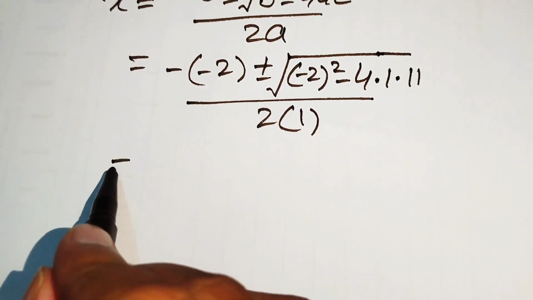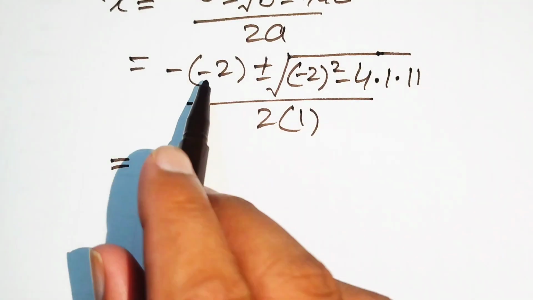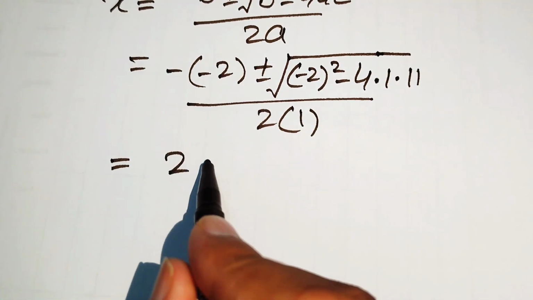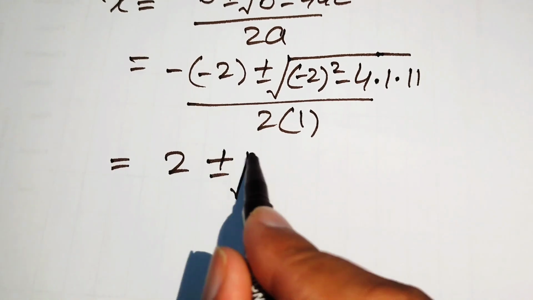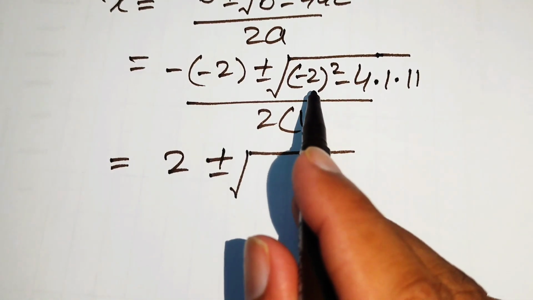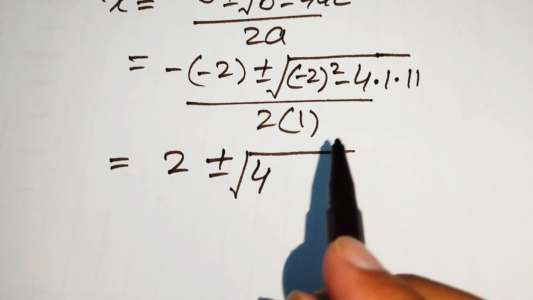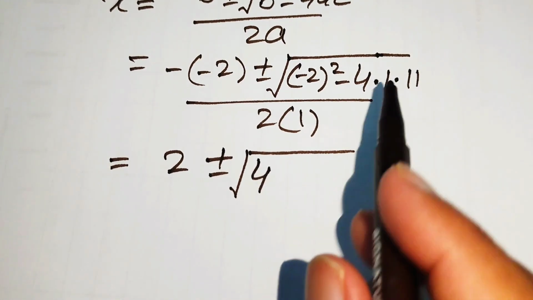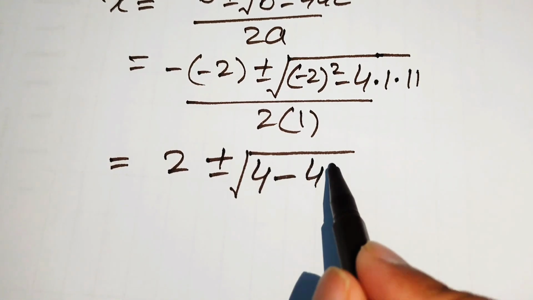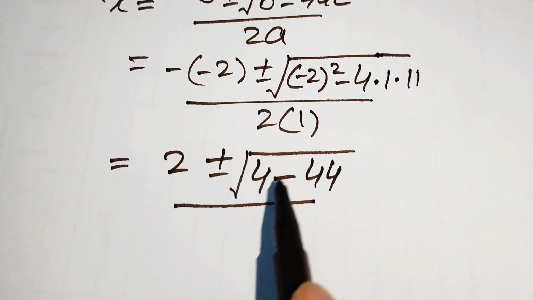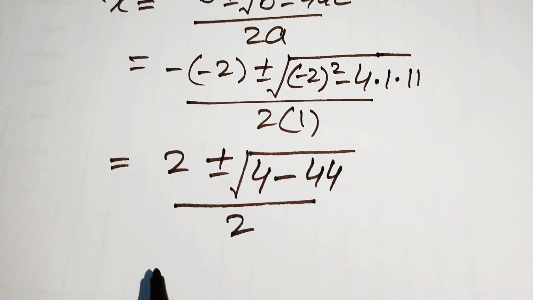Here we need some simplification. Minus times minus becomes plus 2 plus minus square root of minus 2 square, and we know that minus 2 square equals 4, and 4 times 11 equals minus 44, and it is divided by 2.